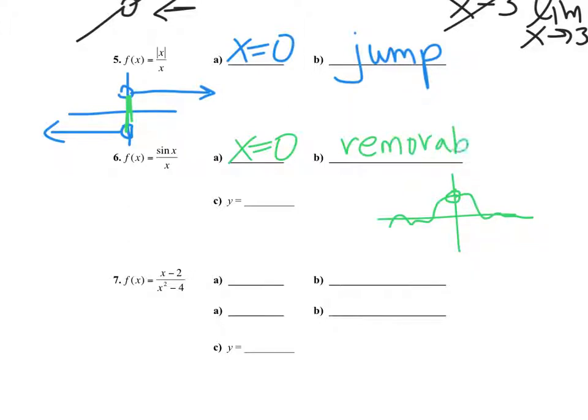It is a hole in the graph, but its discontinuity is called removable. And then if we wanted to fill it in, you might need to look at your calculator. What's the limit as x is approaching 0 from both sides? 0.9999999 on this side, 0.9999999 on this side. What do you think it is? It's 1.